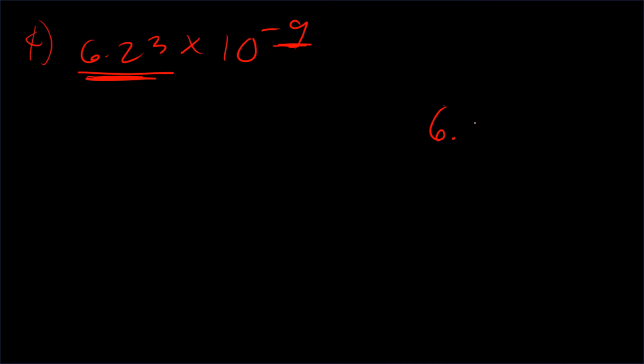So, from 6.23, sabi natin, di ba, kapag negative ang exponent, to convert it back to its original value, we need to move the decimal places to the left side. Kung ilang yung value dito ng exponent niya. So, we move this decimal place 9 times to the left. So, move natin. 1, 2, 3, 4, 5, 6, 7, 8, 9.